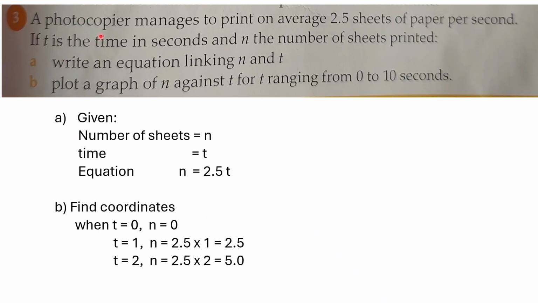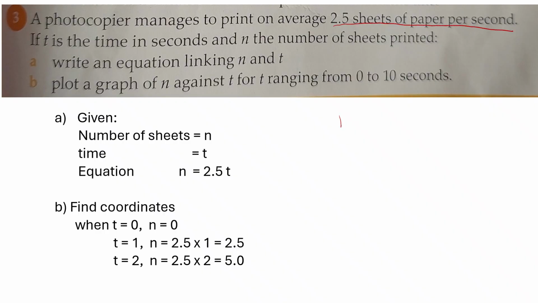Third question: a photocopier manages to print on average 2.5 sheets of paper per second. If t is the time in seconds and n the number of sheets printed, write an equation linking n and t. So first, what is given in there? 2.5 sheets of paper per second.